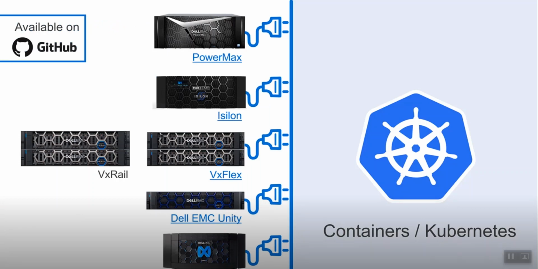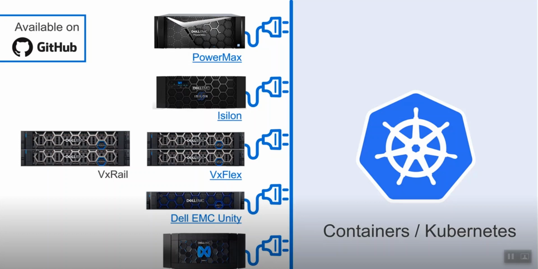Alright, so here is a summary of all the plugins that are available, and as I mentioned before, you can download and get started with the CSI plugins that are freely available on GitHub for any of our storage products listed here. And the portfolio covers PowerMax, which is the top of the line enterprise storage, scale out NAS platform Isilon, mid-range storage products XtremIO and Unity XT, and software-defined storage solutions VxFlex OS and the VxRail platform.